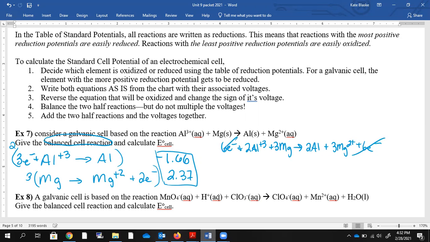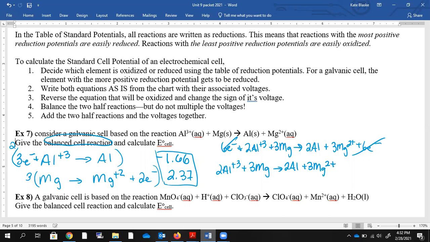Those 6 electrons are going to cancel each other out. So my overall balanced equation is 2 aluminum 3+ ions plus 3 magnesium make 2 aluminums and 3 magnesium ions.